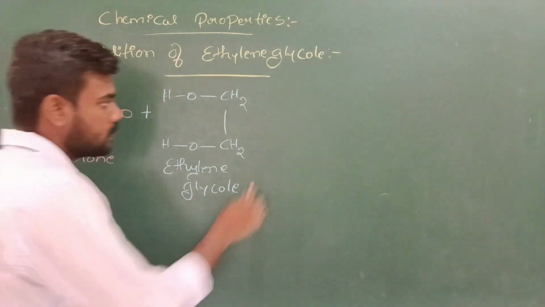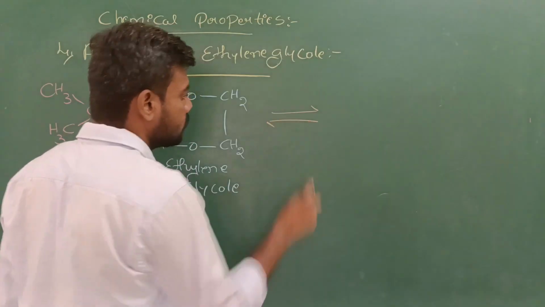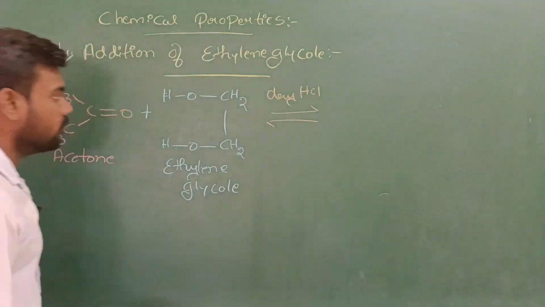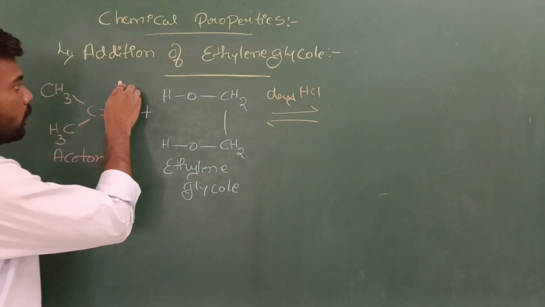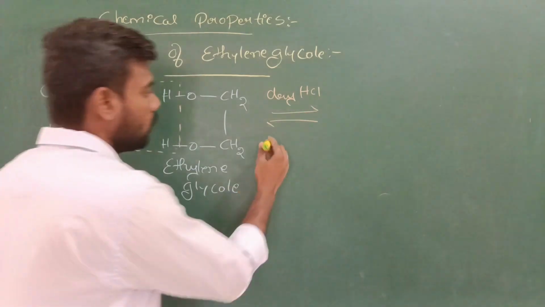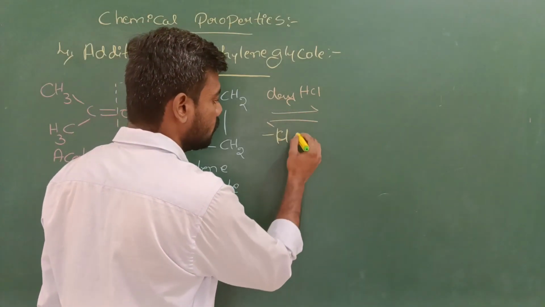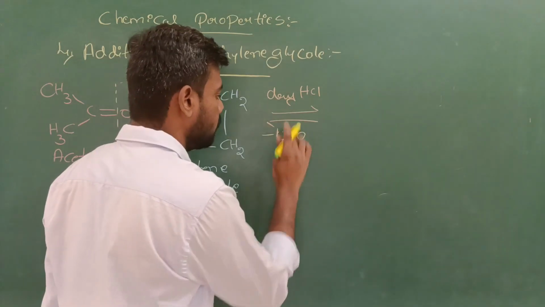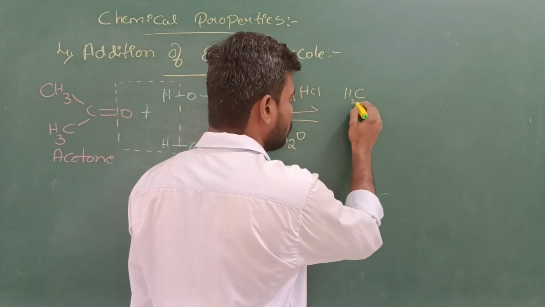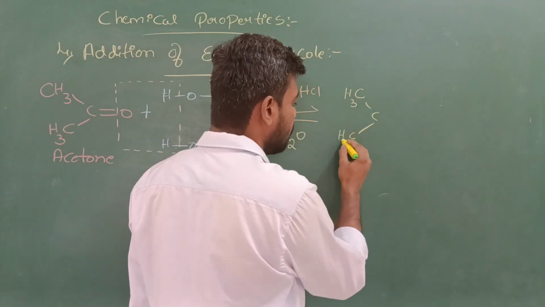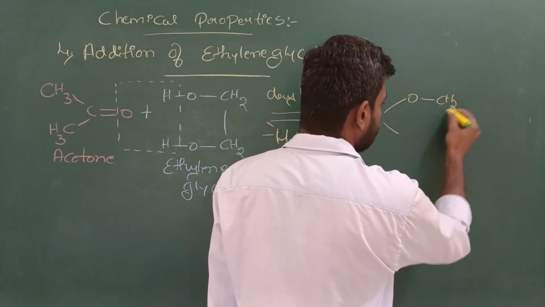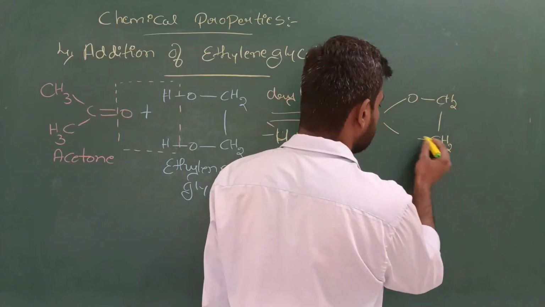in the presence of dry HCl, there will be a removal of a water molecule to form a compound known as ethylene glycol ketal.